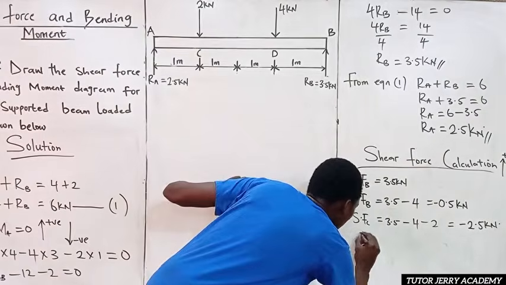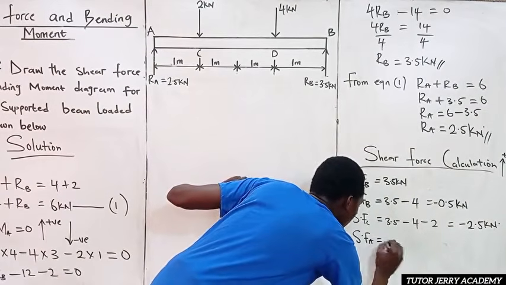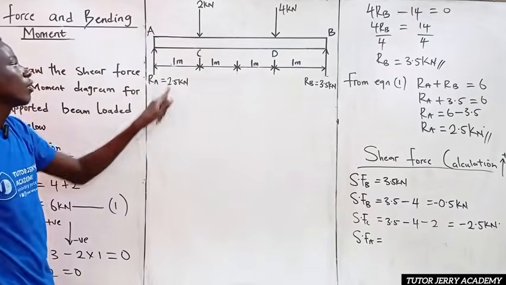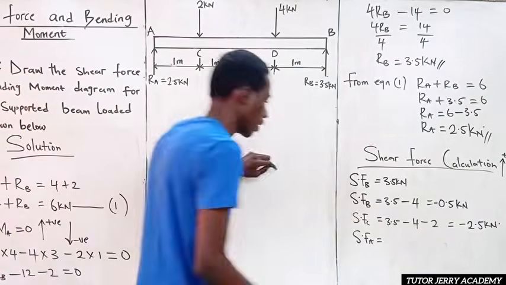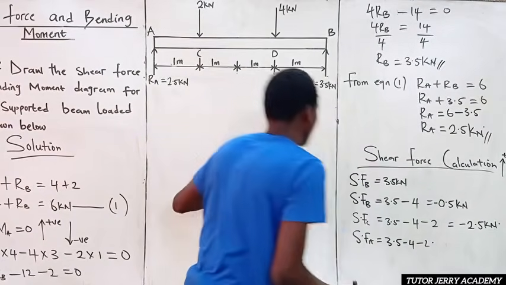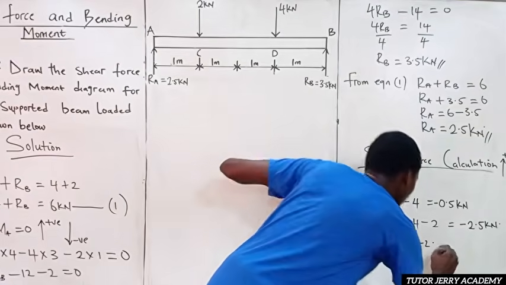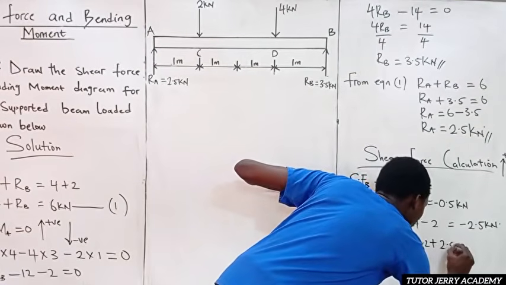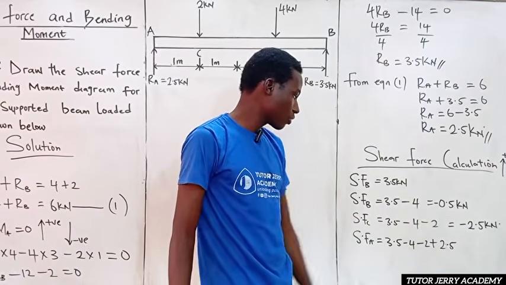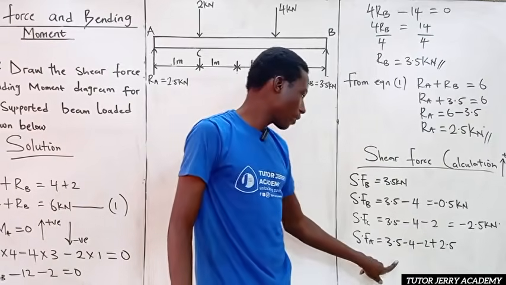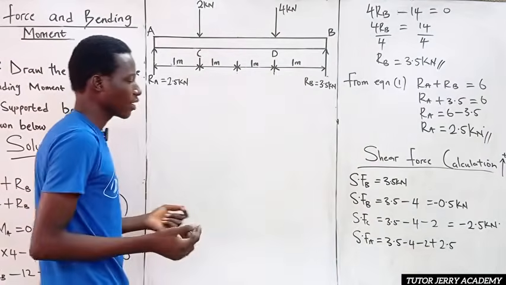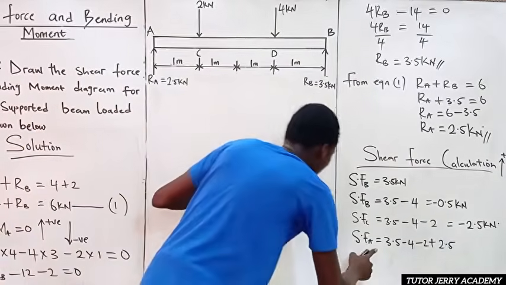So lastly, we are going to be calculating our shear force at point A. Our shear force at point A is equal to 3.5 minus 4 minus 2 plus 2.5. Minus 4 minus 2 is minus 6, and 3.5 plus 2.5 is 6.